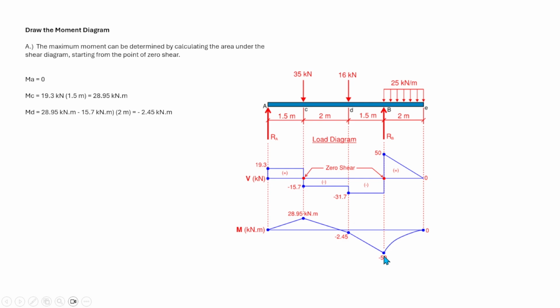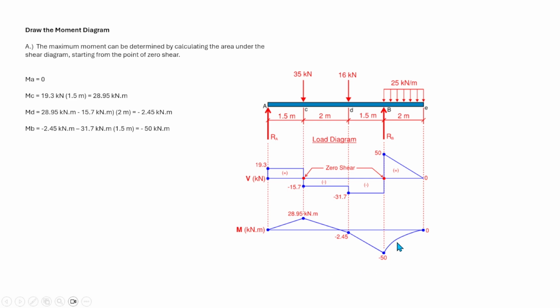Then the moment at point B is equal to minus 2.45 kilonewton meter minus the area between D and B, which is 31.7 times 1.5, and that is equal to minus 50 kilonewton meter. This one we have negative 50.